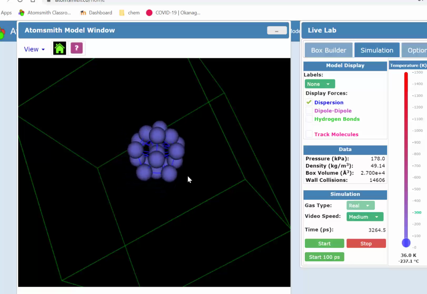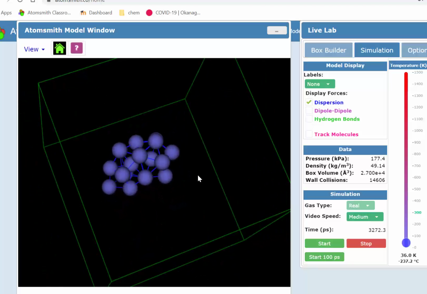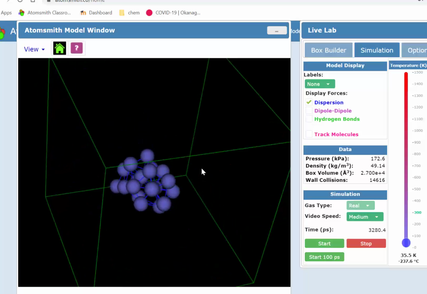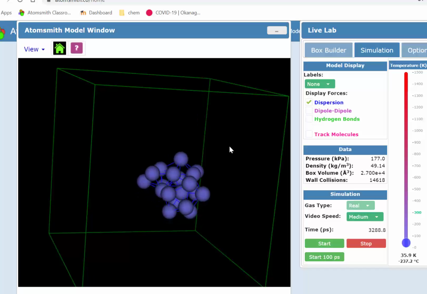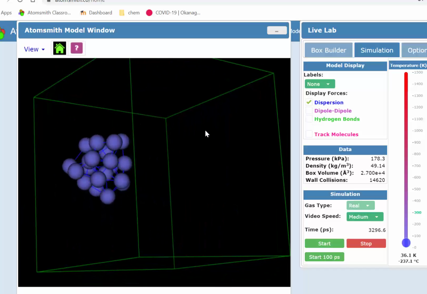I'd like you to notice the sort of motion that the atoms are engaged in. It's essentially a vibration. Notice that the atoms do not flow over one another, but rather they're fixed in position. So really the motion is vibrational.